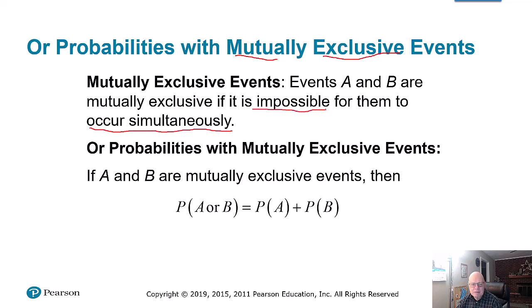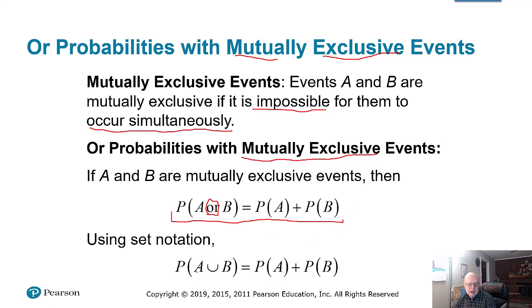Impossible. If they're mutually exclusive, for example, like getting a queen versus not getting a queen, they can't both happen at the same time. But if they can't happen at the same time, then the probability of A or B, or is the key here, is the sum of the 2 individual probabilities.